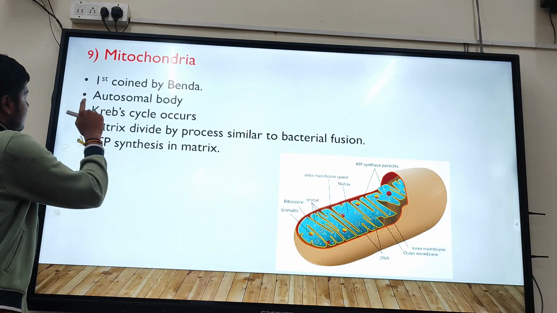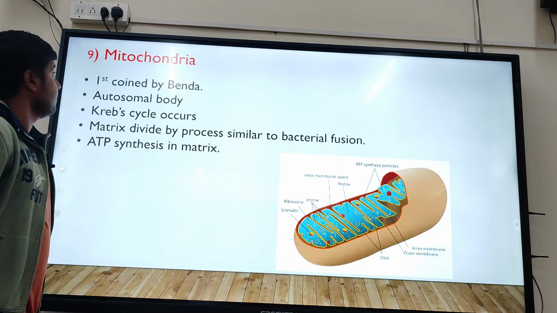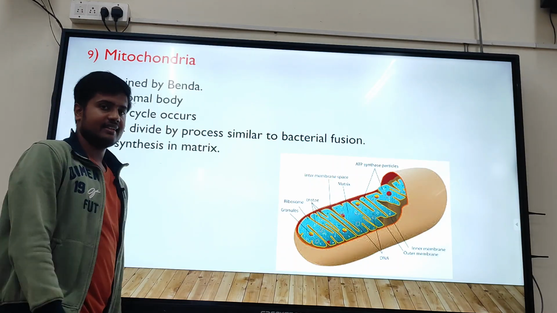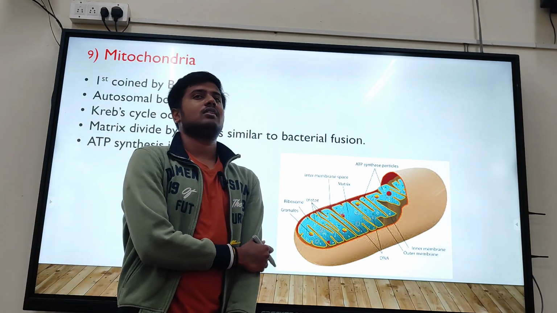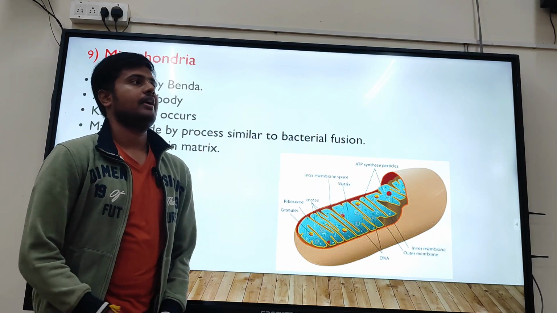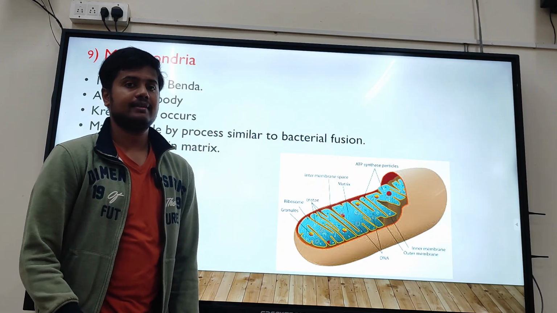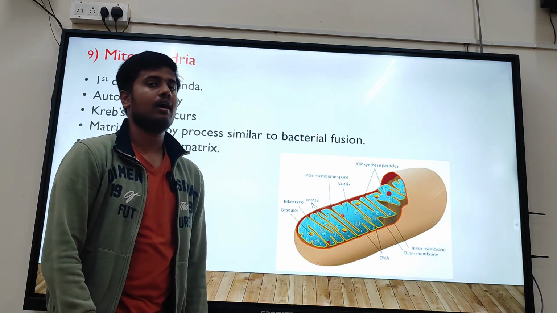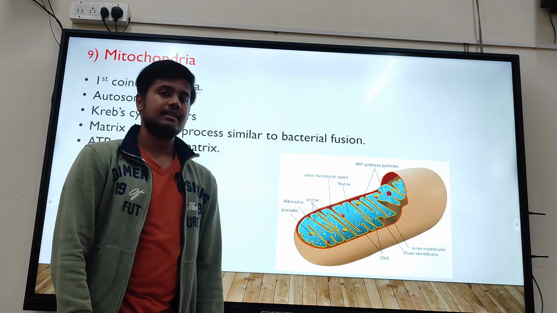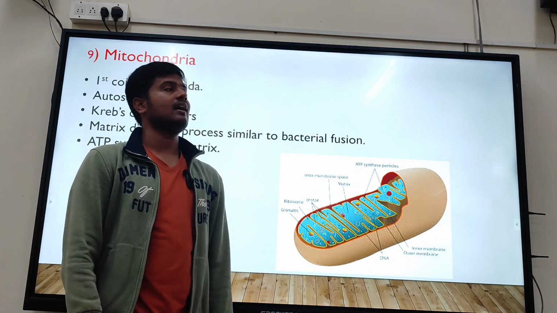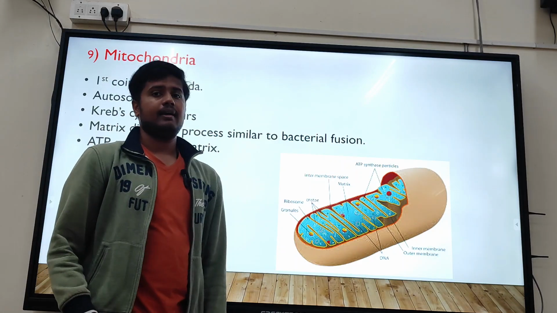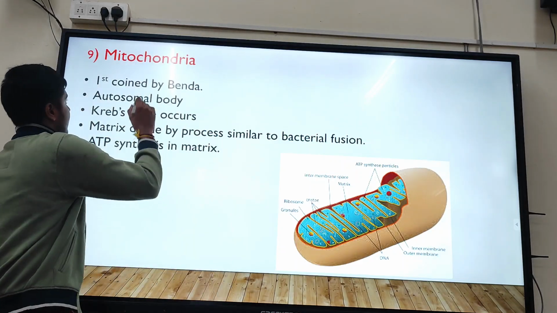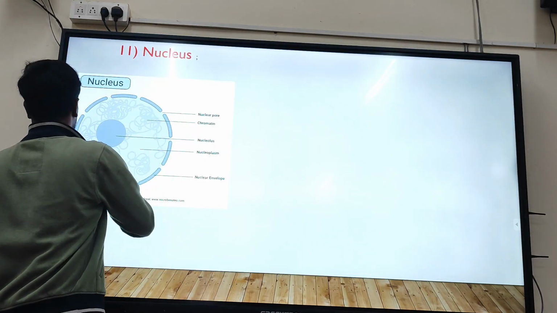Let's move on to another organelle called mitochondria. It is called the powerhouse of the cell because, as you know, mitochondria has its own DNA, and is also called a semi-autonomous body. It is present in both plant cells and animal cells. The term was coined by Benda.